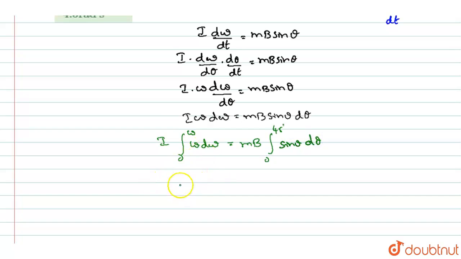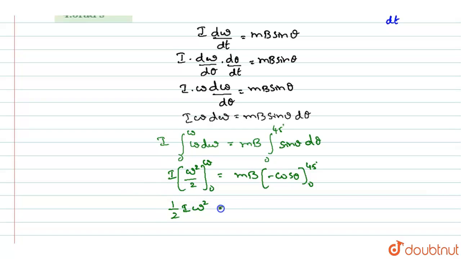Now the integral of omega into d omega, you will write as I into omega square by 2, from 0 to omega, is equal to mb into the integral of sine theta, which is minus cos theta, between 0 and 45 degrees. Now you can write half I omega square is equal to minus mb into cos 45 minus cos 0.